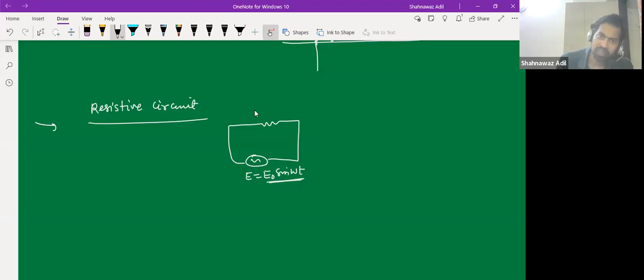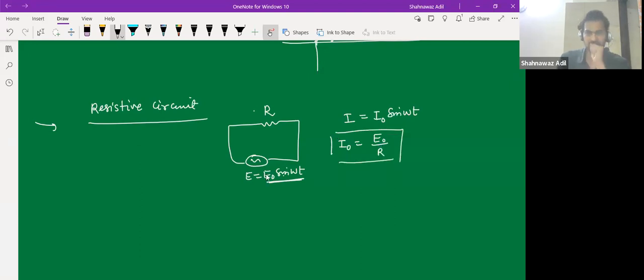We found that the current is also I naught sine omega t, so the behavior is the same. But this I naught value is E naught by R.